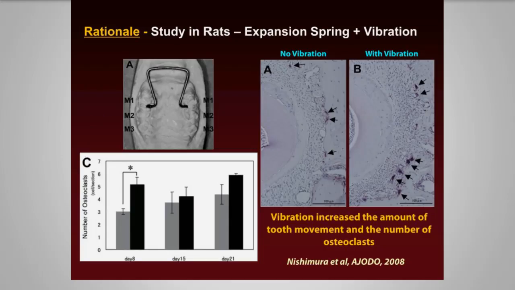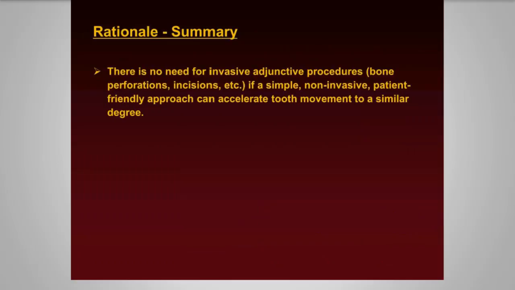And then in 2008, just about when we were submitting our protocol and starting with the FDA in this study, Nishimura published a paper in rats expanding the maxilla and actually finding that with vibration the amount of tooth movement, these molars that are moved buccally, actually increases, and also looking at biology, the number of bone cells, the osteoclasts, has increased in that model.